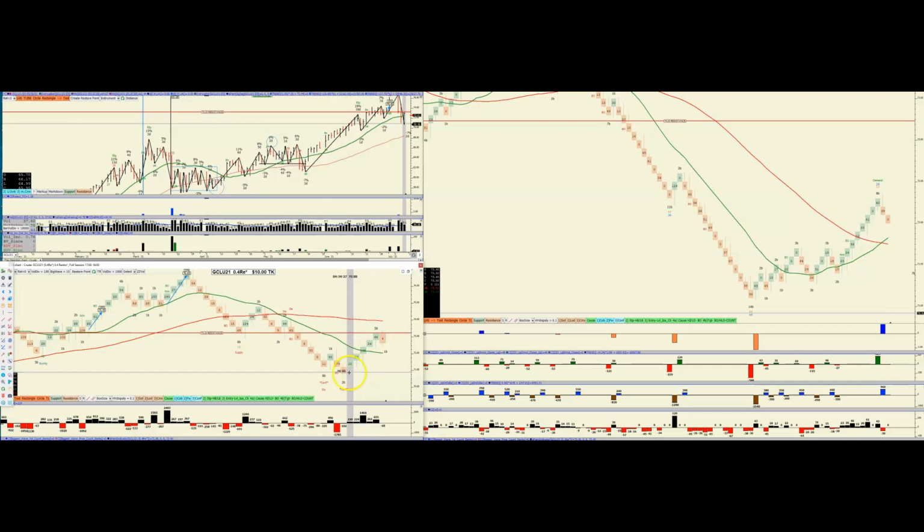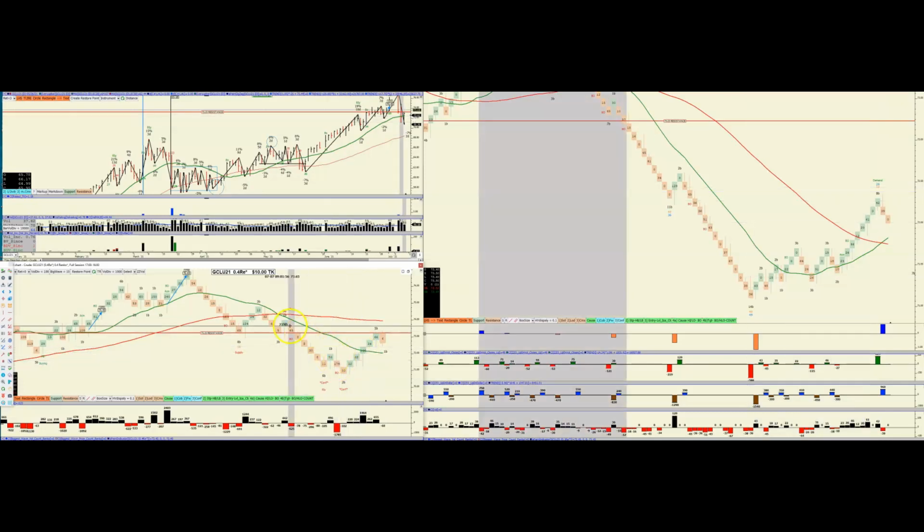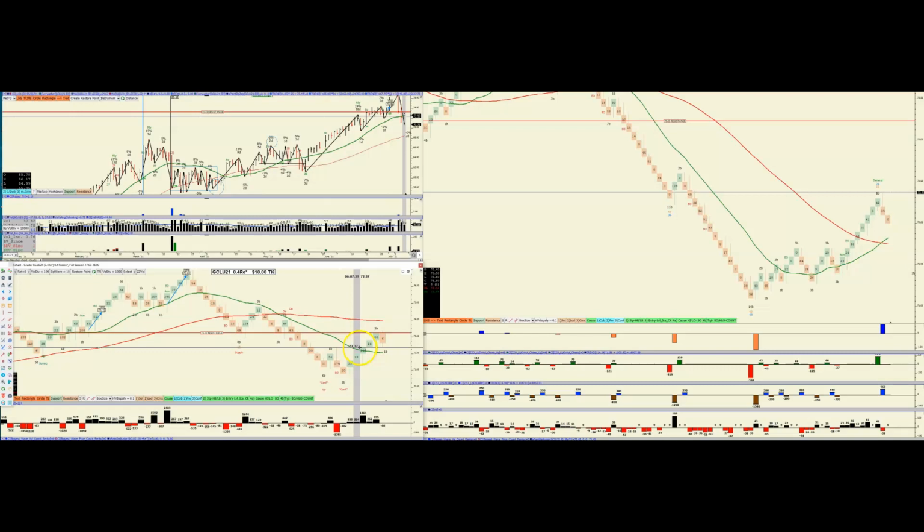Second thing to note is, why did all this volume come in? 1785 right there, and 1464. This is a breakout. It's a breakout in a downtrend, but given the higher time frame is up, it could be very meaningful.